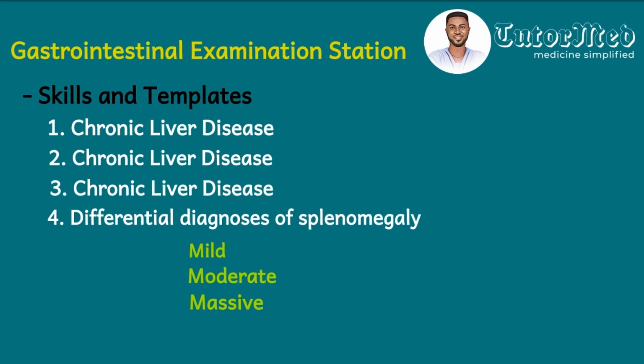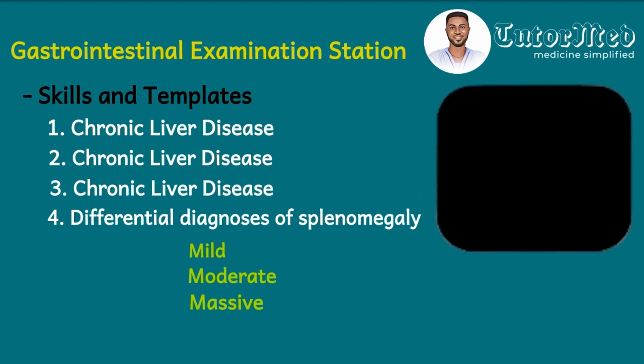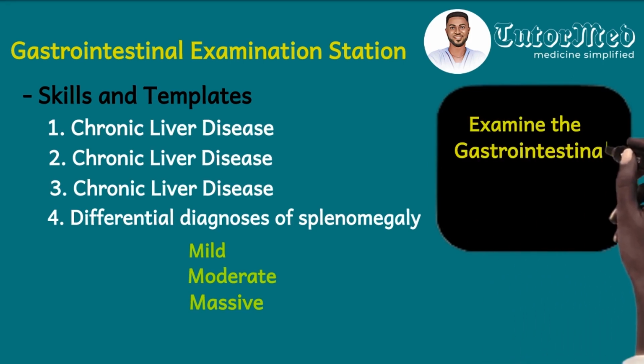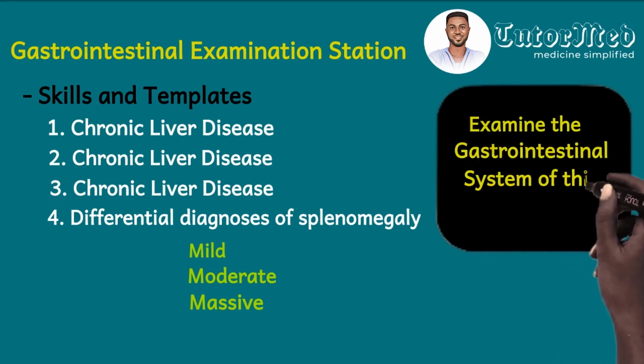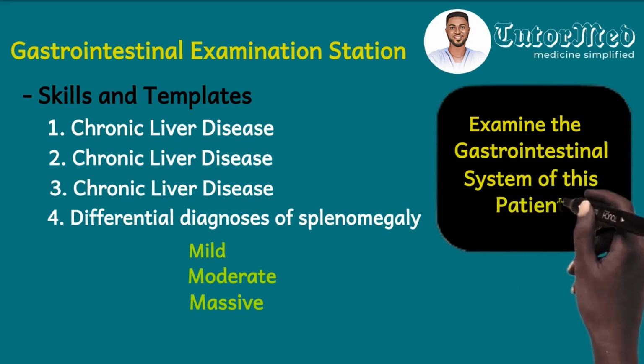If moderate is 4 to 8, then mild will be less than 4 cm, and massive will be more than 8 cm. After you have graded it, you may be asked to give differentials. Typically for this station, the instruction is: examine the gastrointestinal system of this patient.